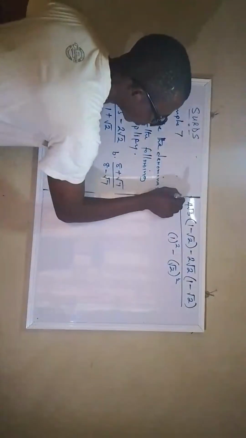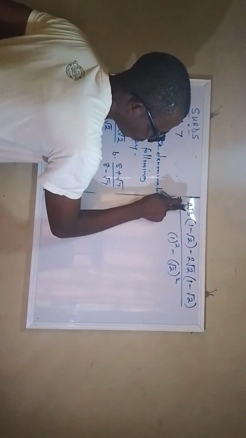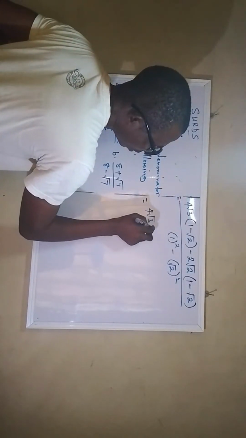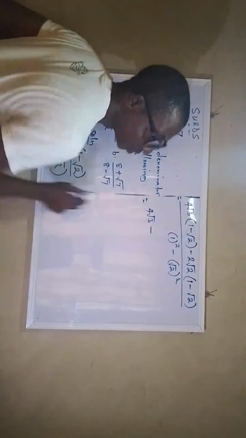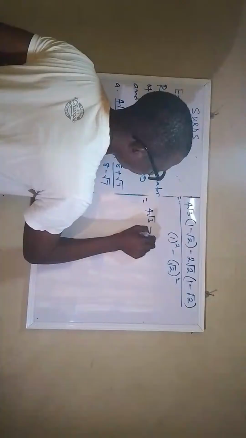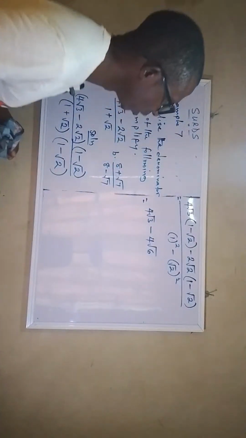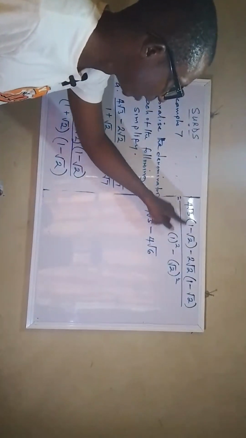So now we open the bracket. 4 square root of 3 times 1, we have 4 square root of 3, minus 4 square root of 3 times minus square root of 2. That's going to give you 4 square root of 6, because 3 times 2 is 6, 4 times 1 is 4.